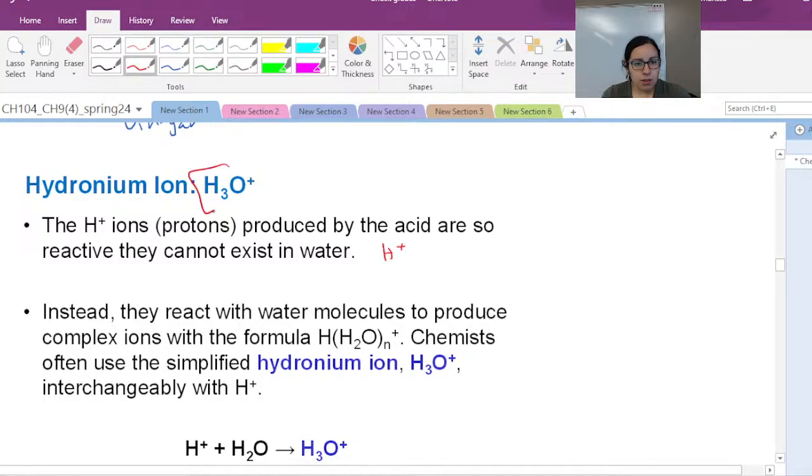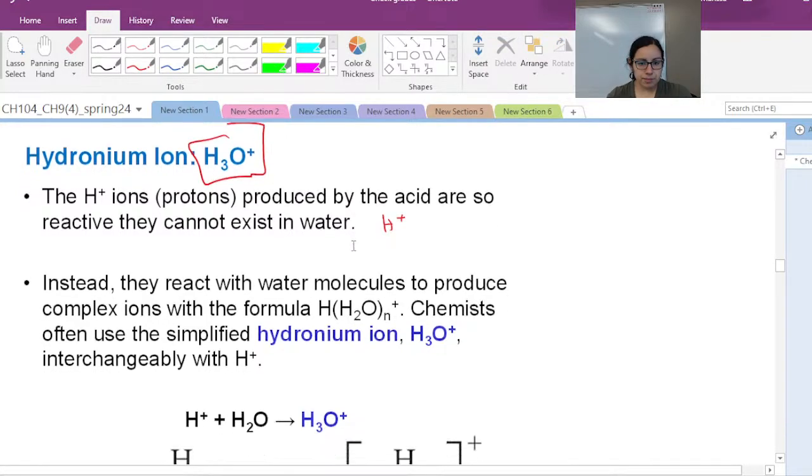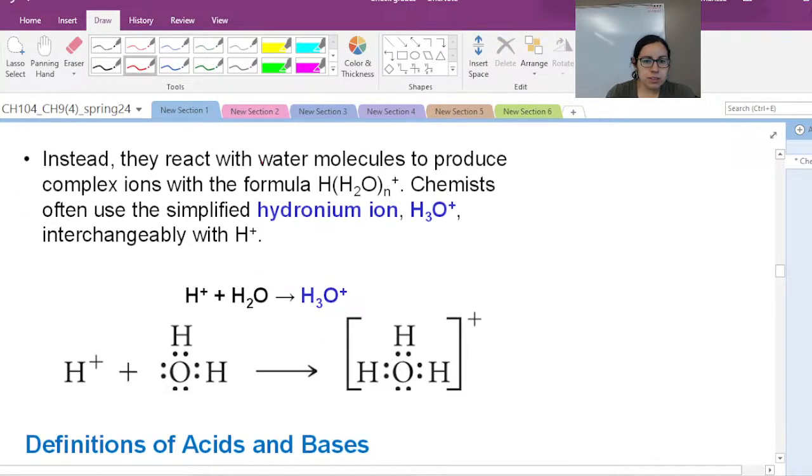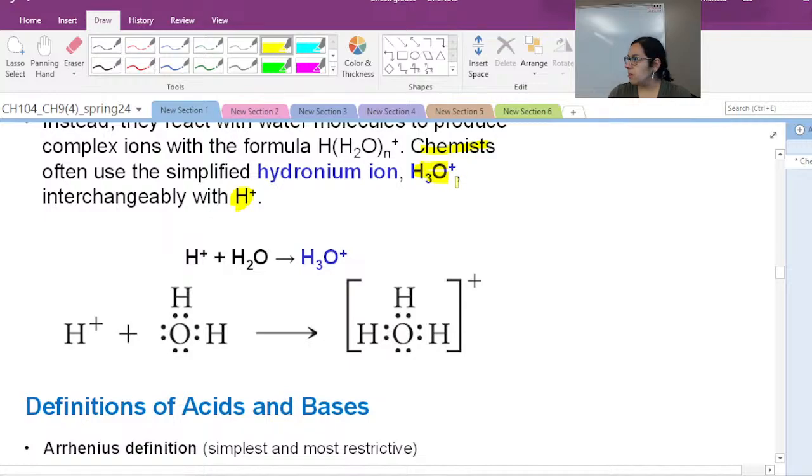And so that's where the hydronium comes into play. But now we're saying, okay, even though we know this exists, chemists still just use H+. And so these two terms are used interchangeably. So if you see hydronium or H+, it's referring to the same thing. So that's all that is saying.